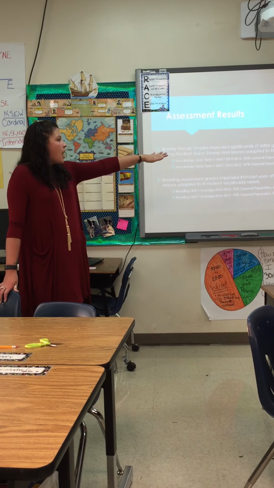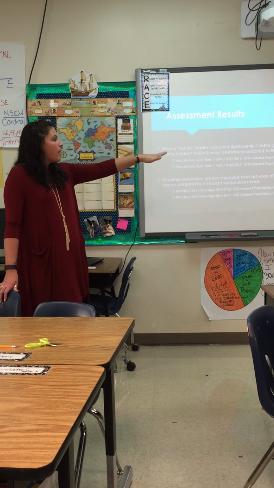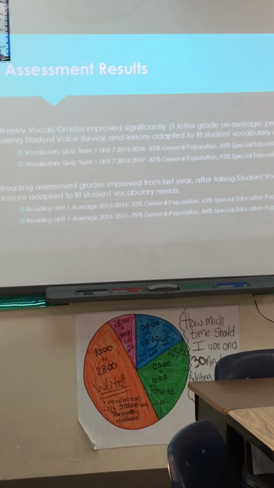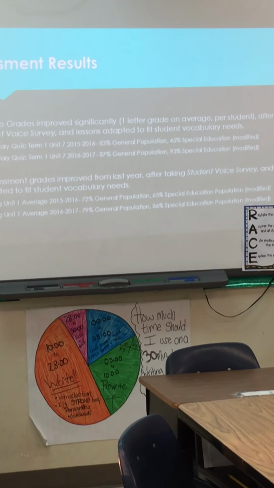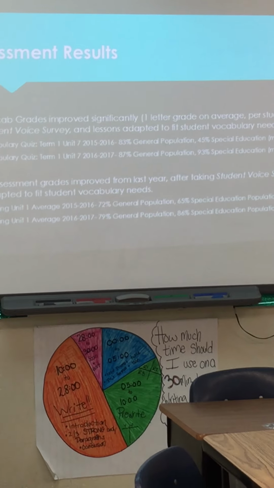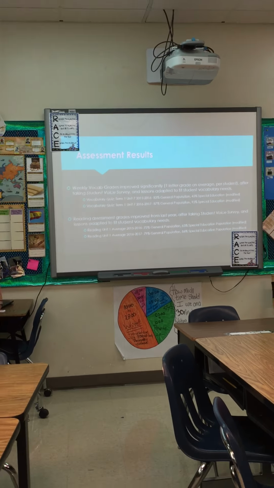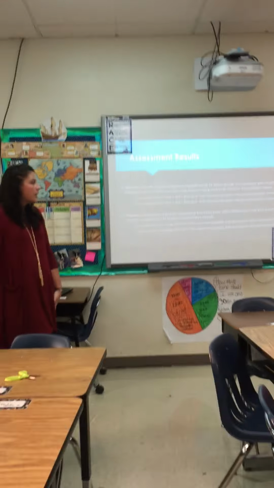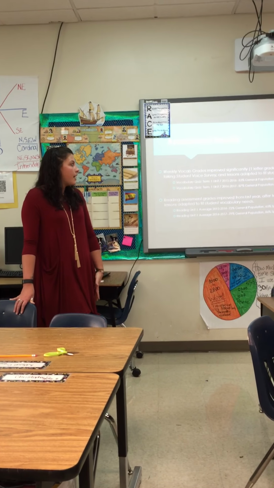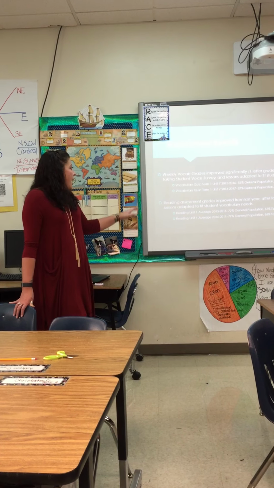Last year, the general homeroom population was about 83% average on the quiz, and my special education students were about a 45% on a quiz on average. This year, my students are about an 87% average on the quizzes, but my special education students are about a 93% on their quiz. So they have significantly improved.